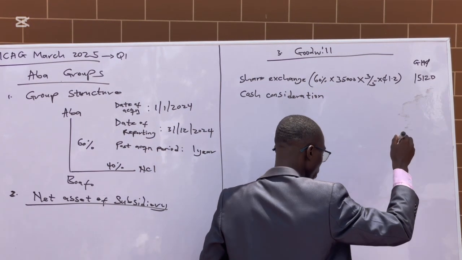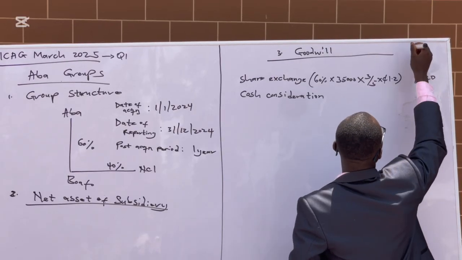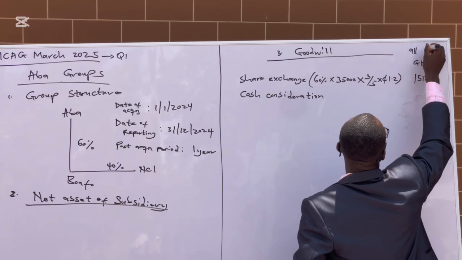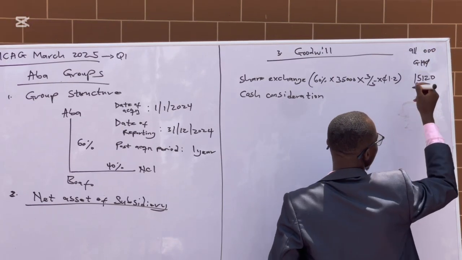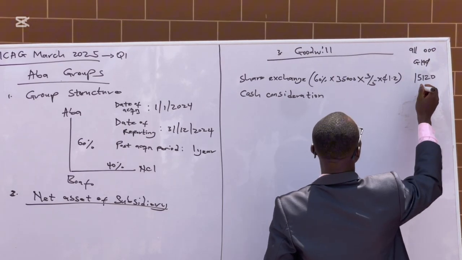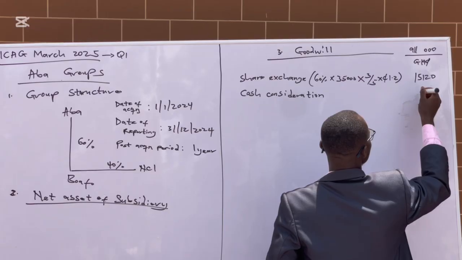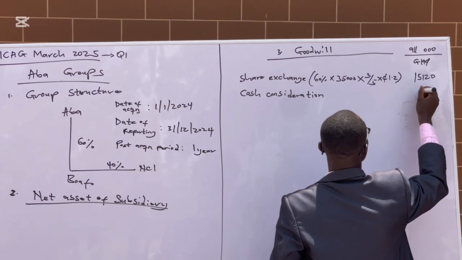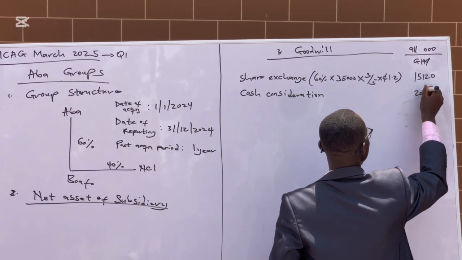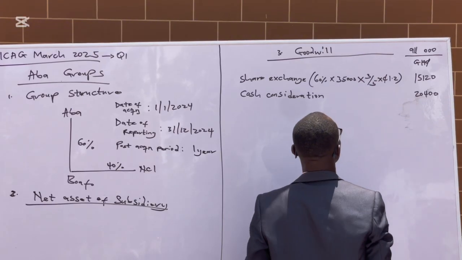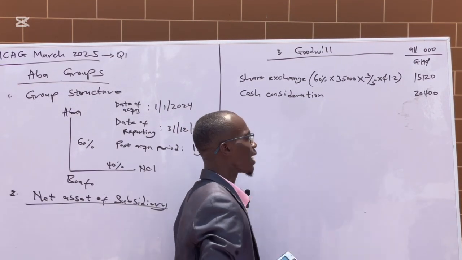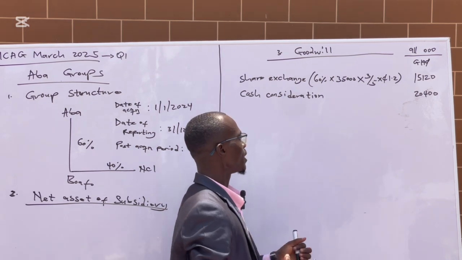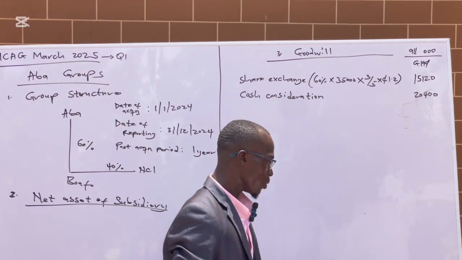They said it's 20.4 million. Let's say all workings are in thousands. So if there is any other cash consideration transferred, you bring it up. Let's see how it goes.